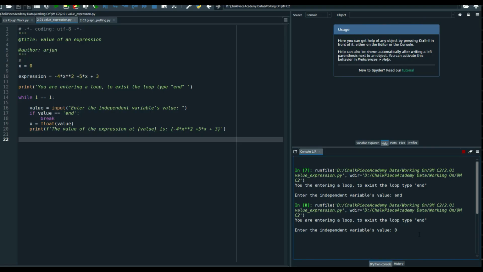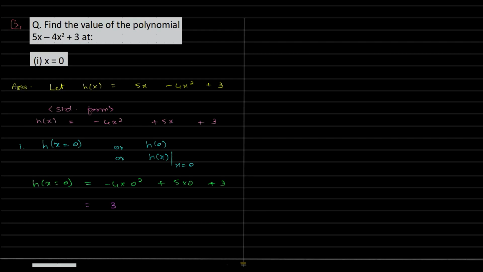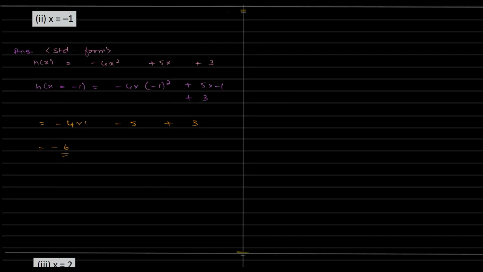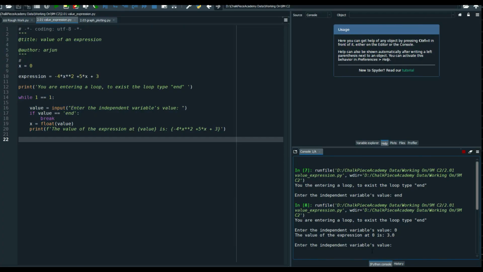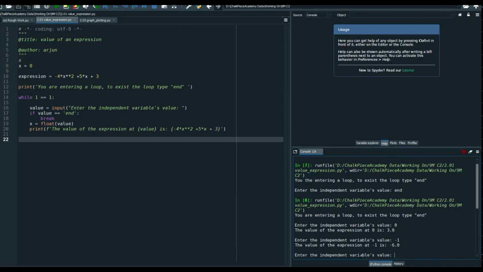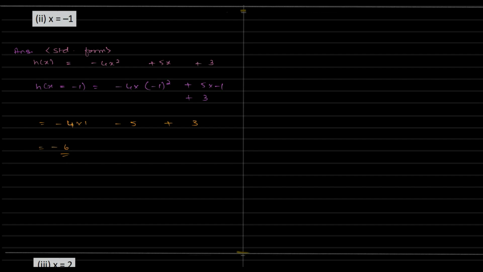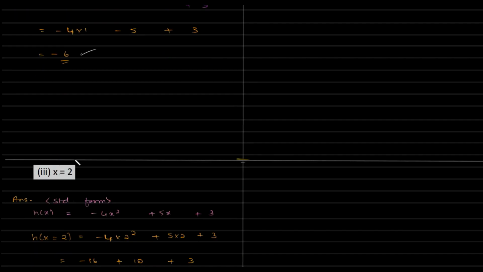If I type this in, we got an answer of 3, right? Same thing over here as well. So our answer is correct. Next, if I have an input of minus 1, my answer is minus 6. Correct.